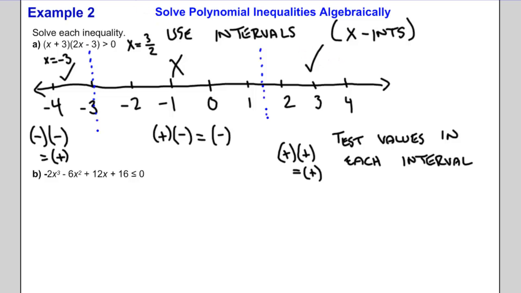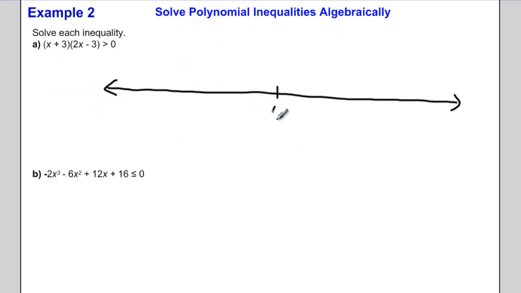And now I need to just write this up on a number line properly. So drawing in my number line. So I said that values less than -3 satisfy this inequality.